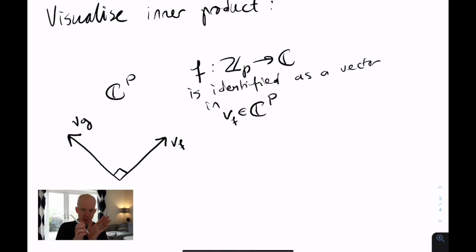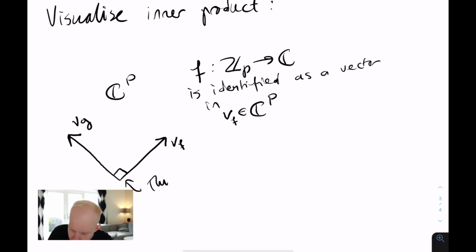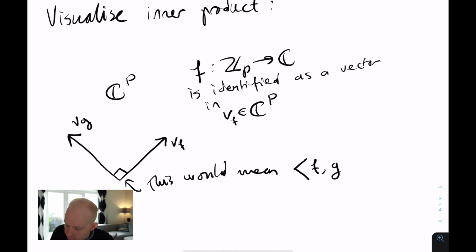If these vectors are orthogonal, that means that the functions are orthogonal in this sense. This would mean that the inner product of f and g has to be equal to 0 if you have the right angle here.